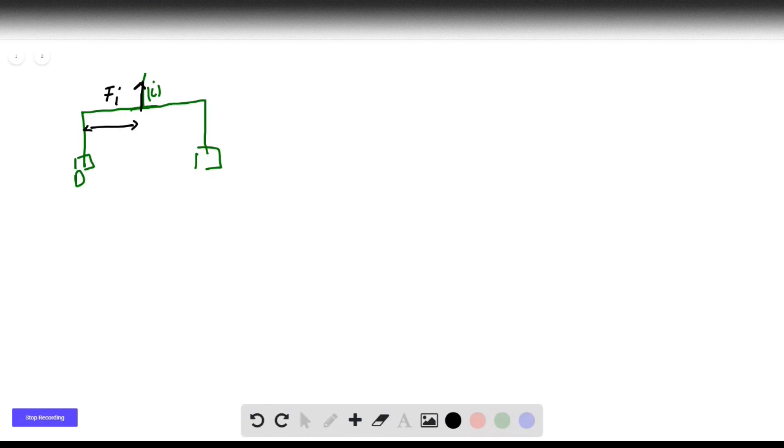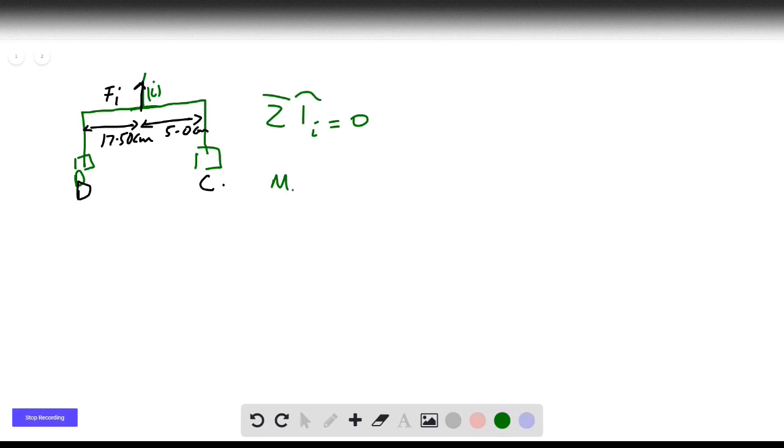This distance, as you can recall, is 17.50 centimeters, and this other distance right here is 5 centimeters, even though it's not very proportional, but that's how it is. This is D and this is C, so we're going to start with that, and we're seeing that the net torque around 1 is 0, a Roman 1, remember.